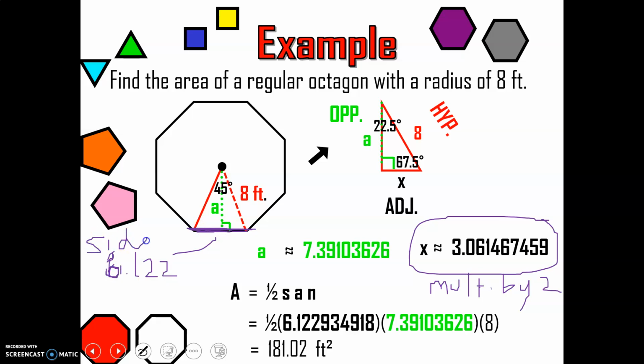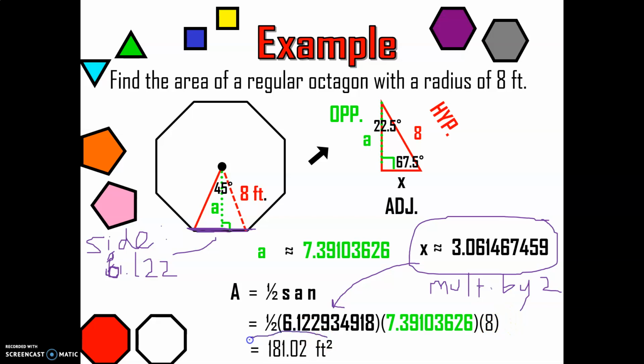That's our S, our side value. You'll notice that right here, it's not X that gets plugged in, it's the side length, which is this value multiplied by 2. Now the apothem gets substituted just as is, and then we have 8 sides because this is a regular octagon.